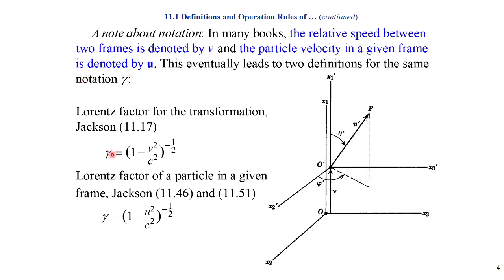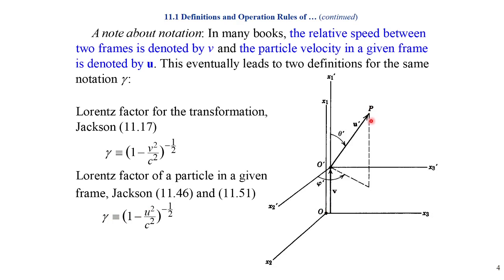So we have two definitions for the same notation. One is gamma, the Lorentz factor for the transformation of coordinates between two frames. Second, the Lorentz factor of a particle in a given frame. In the prime frame, K prime, we should use u prime.